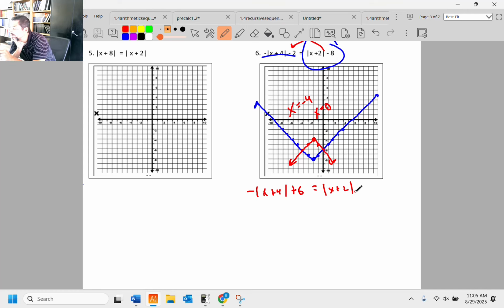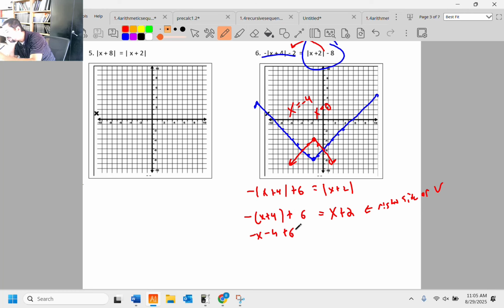So when you don't change anything, you're dealing with the right side of the V. Notice how I didn't change any of the numbers? This is the right side of the V. Distributive property, negative x minus 4 plus 6 equals x plus 2.